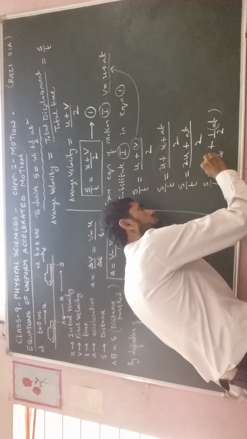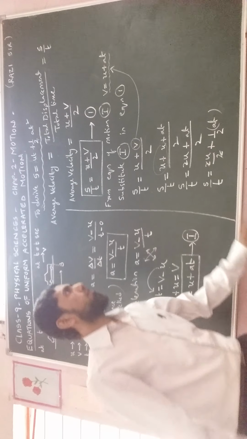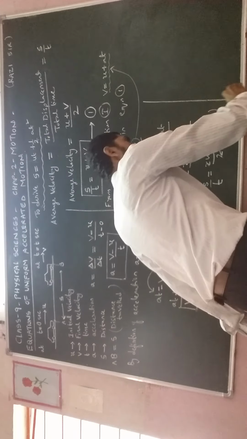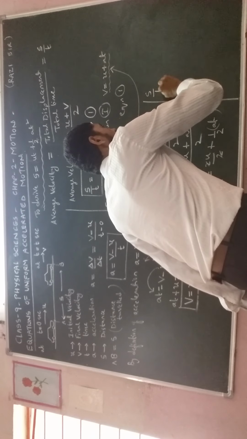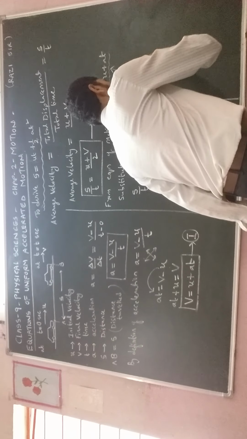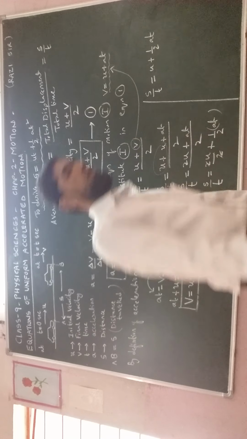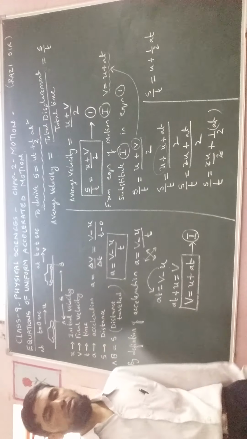So 2 and 2 get cancelled. What do we have here? S by t is equal to u plus half at.